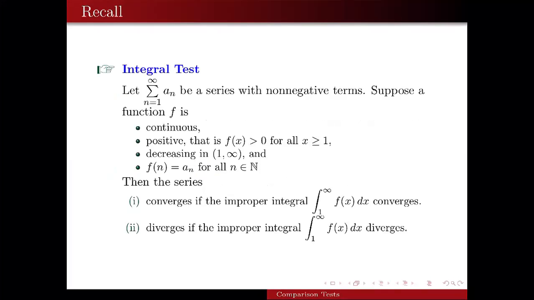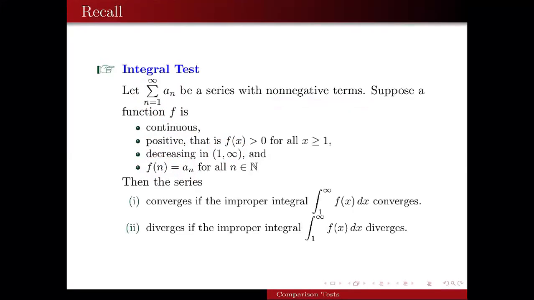And then last time we learned the integral test. Suppose we have a series a_n with non-negative terms, and suppose we have a function f that is continuous, positive, and decreasing on the interval 1 to plus infinity, and the value of the function at each natural number n is equal to the term a_n.